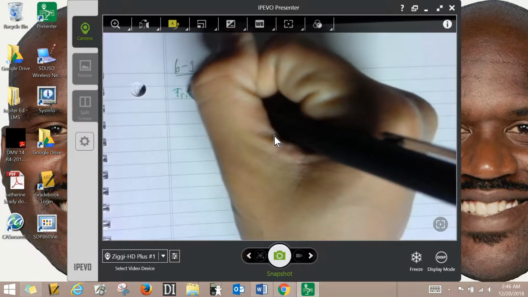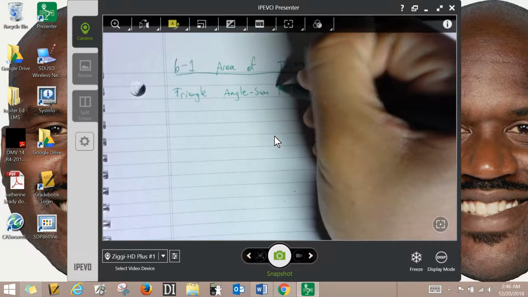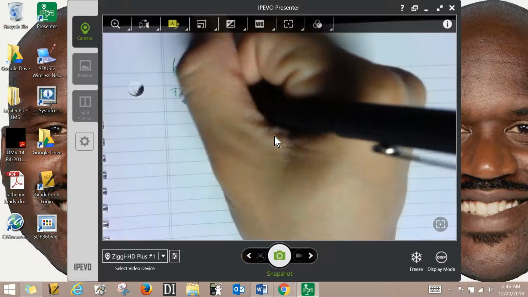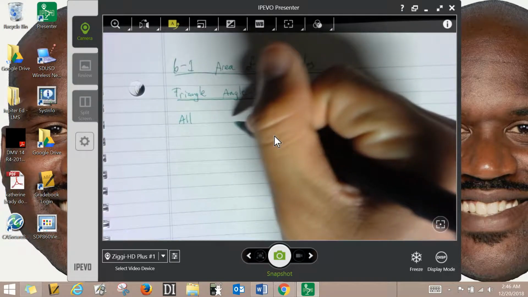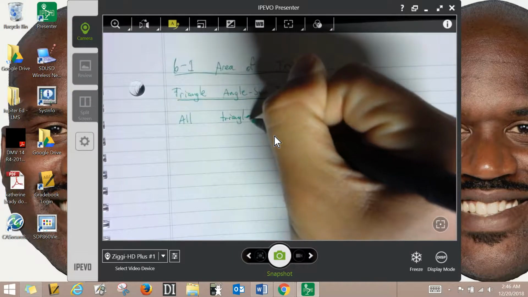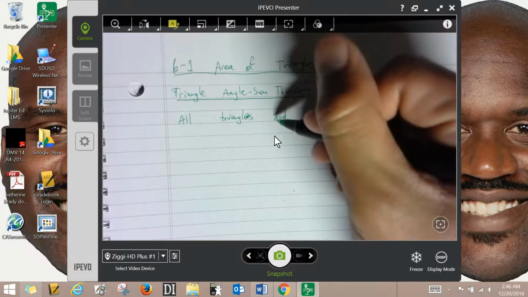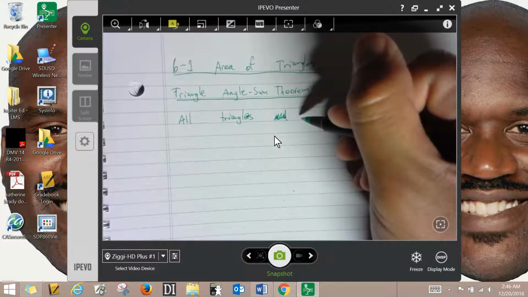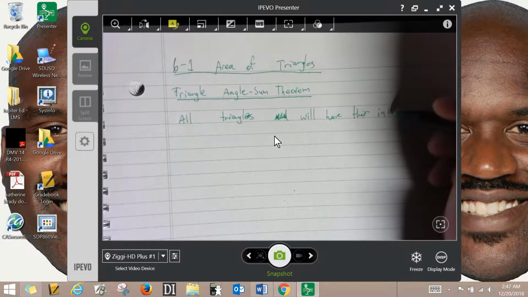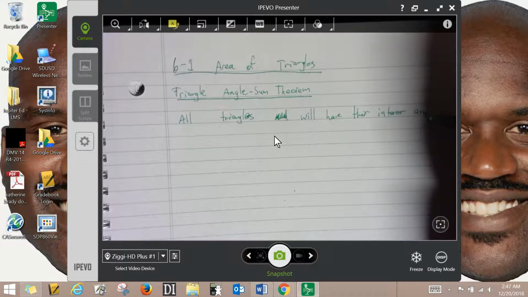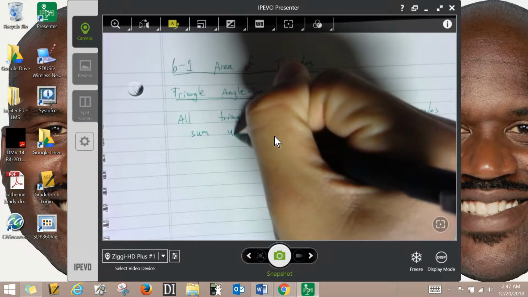Basically, all triangles, no matter how you draw them, will have their interior angles sum up to 180 degrees.